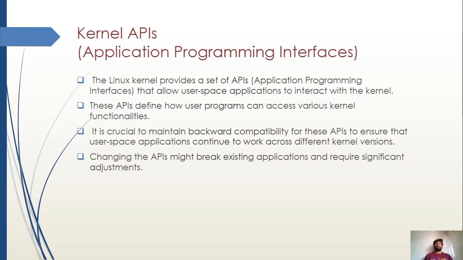It is crucial to maintain backward compatibility for these APIs to ensure that user space applications continue to work across different kernel versions. Changing the APIs might break existing applications and require significant adjustment. So this is about kernel APIs.